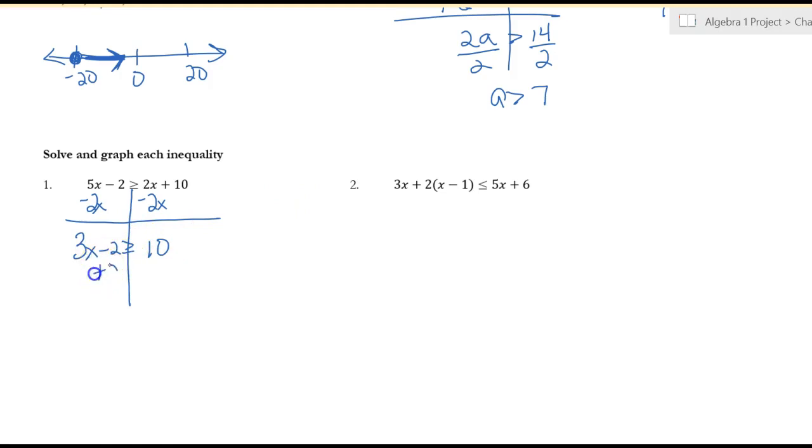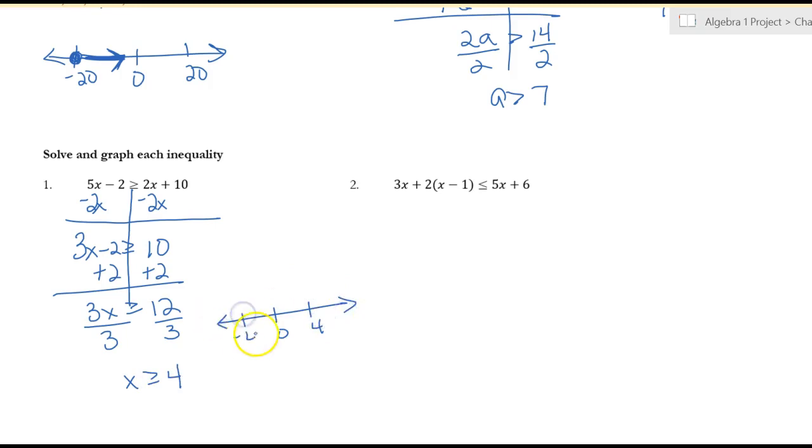So then to get rid of a minus 2, you add 2. And so 3x is greater than or equal to 12. And to get rid of a times 3, you divide by 3. So x is greater than or equal to 4. So now I put my numbers on my number line. And it's a closed circle at 4. And it says x is greater than, so I go to the right.